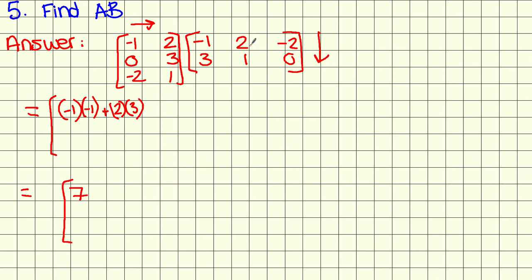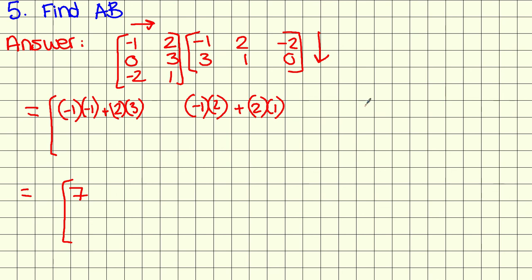Okay, right, let's do the middle term. So I'm going to start with row 1, column 2. So it's the -1 times 2. And then this finger is moving along 1 to the 2, and then down 1 to the 1. So 2 times 1 is what you're adding on. Right, I'm just going to finish all my work and then I can put it all together as the final answer here.